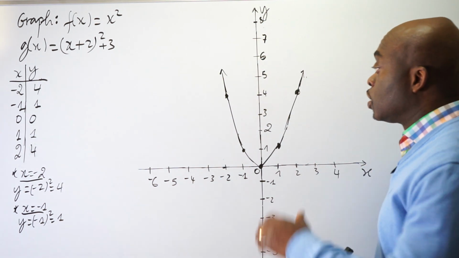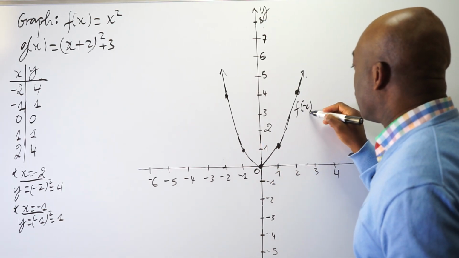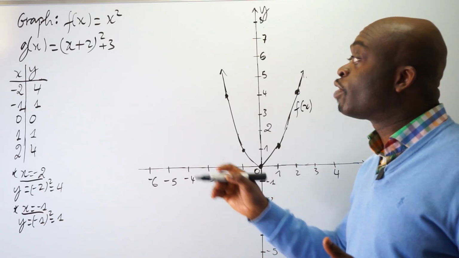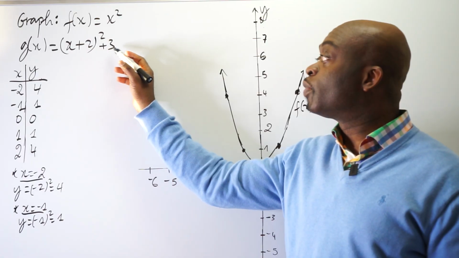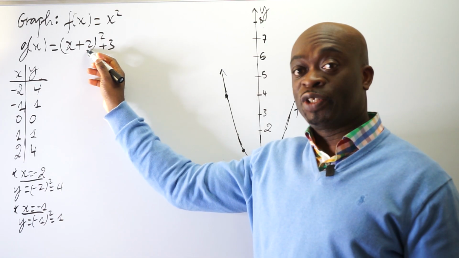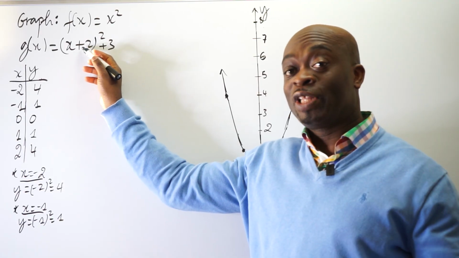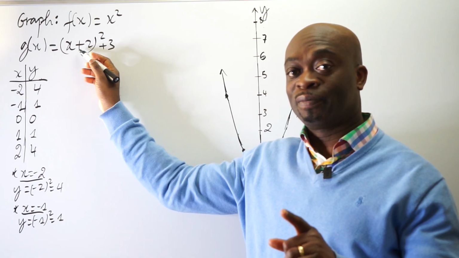So this is f of x, now we have to graph g of x, which is (x plus 2) in parentheses, squared, plus 3. First thing to keep in mind, the +2 is with the x, so the +2 stands for an x value.